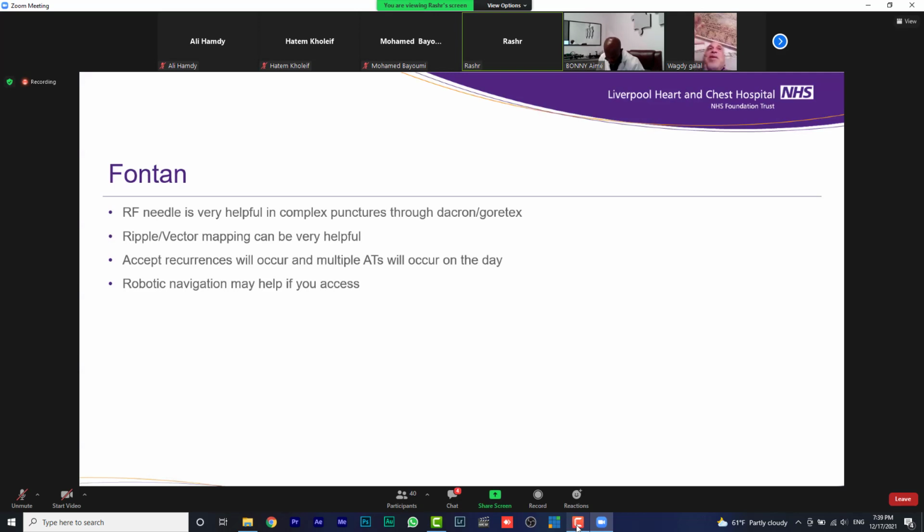Certainly some centres are moving to it, and I think especially in these Fontans and other really complex structural groups, it will be a real boon to improving your outcomes on the day. How long it will be before more of us have access to this, I don't know, but I can really see that helping to develop things long term.